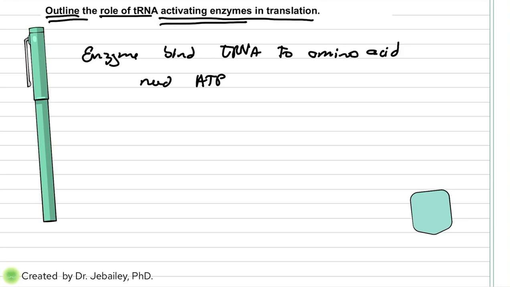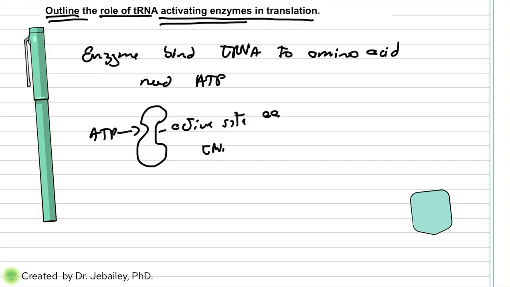This enzyme usually has an active site for the amino acid. So it attaches the amino acid, and then it attaches the ATP, and then it brings the tRNA and attaches here. And with the energy of the ATP, it connects the amino acid to the tRNA. So that's what the enzyme does. It just combines the tRNA with the amino acid using ATP.